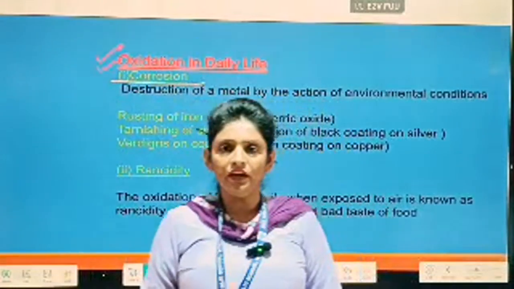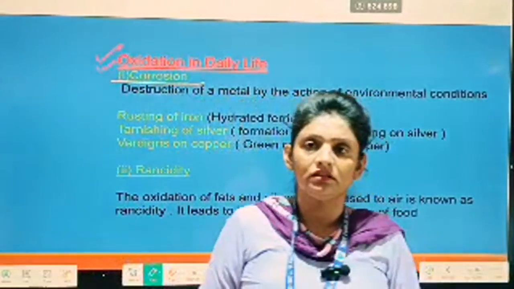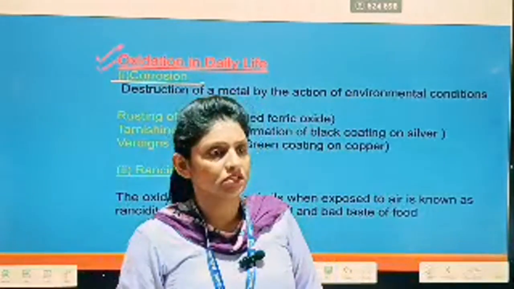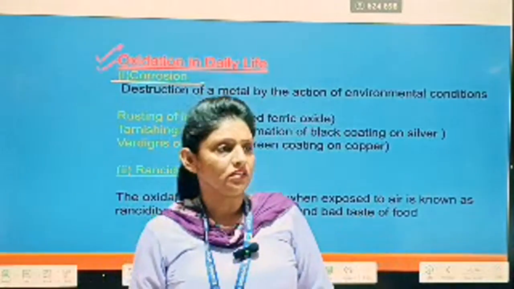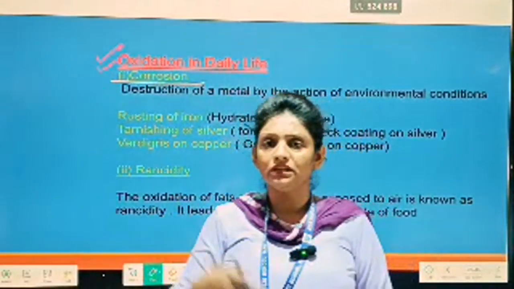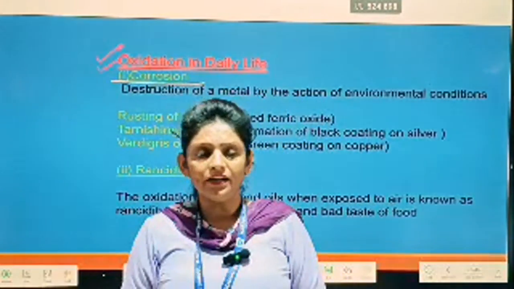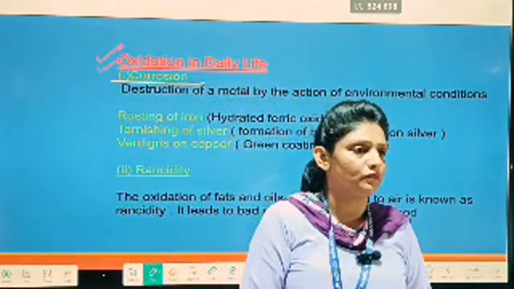Students, when the surface of metal reacts with water vapors present in atmosphere, reacts with some gases like air, like other gases present in our atmosphere, it forms a layer at the surface of that metal.